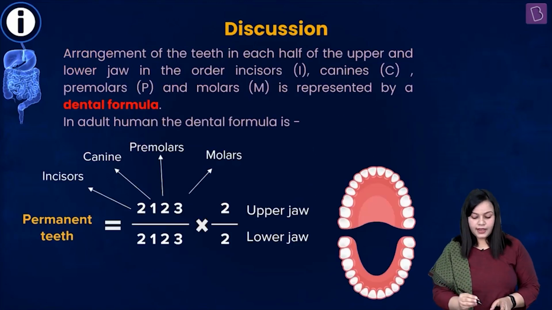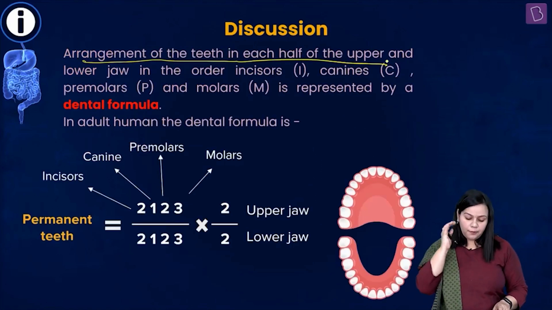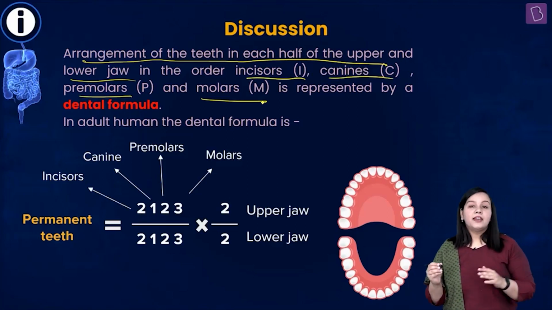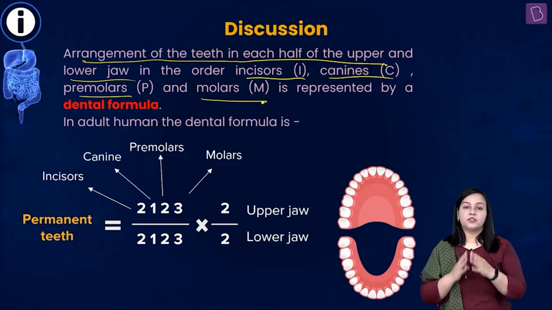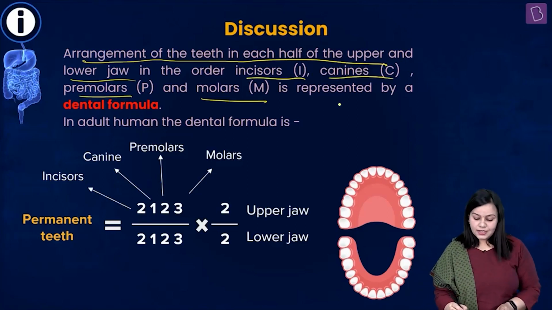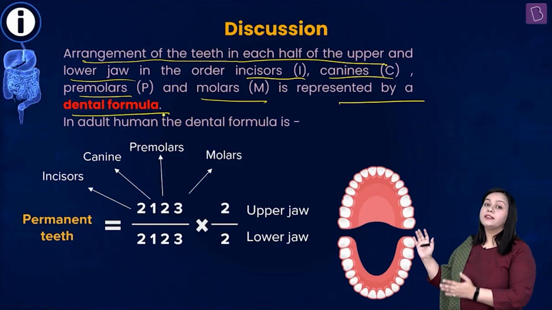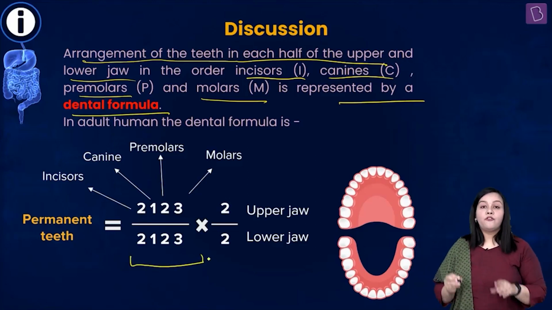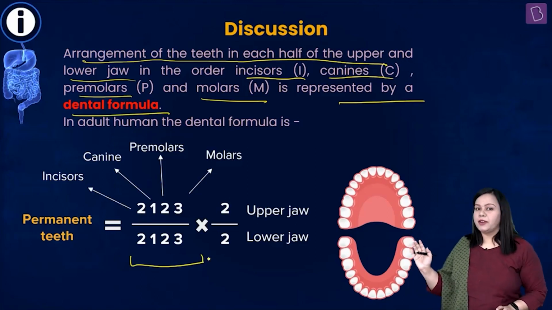Going ahead, the arrangement of teeth in each half of the upper and the lower jaw is in the order of I, C, P, M: incisors, canines, premolars, molars. Always try to remember it this way so that you never forget this. This is represented by a dental formula. The adult dental formula for the permanent set of teeth is going to be 2, 1, 2, 3 by 2, 1, 2, 3.